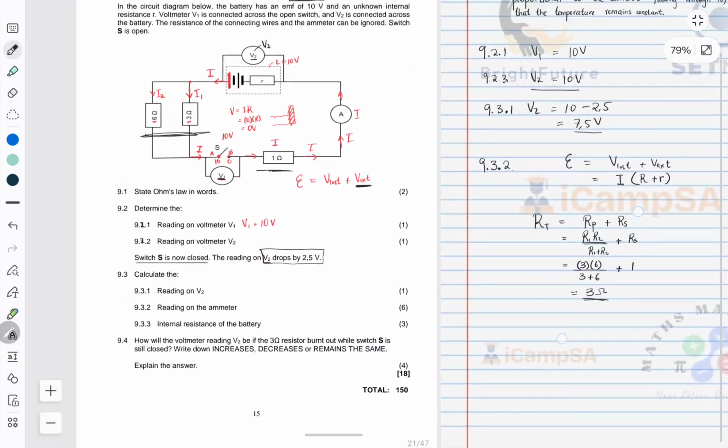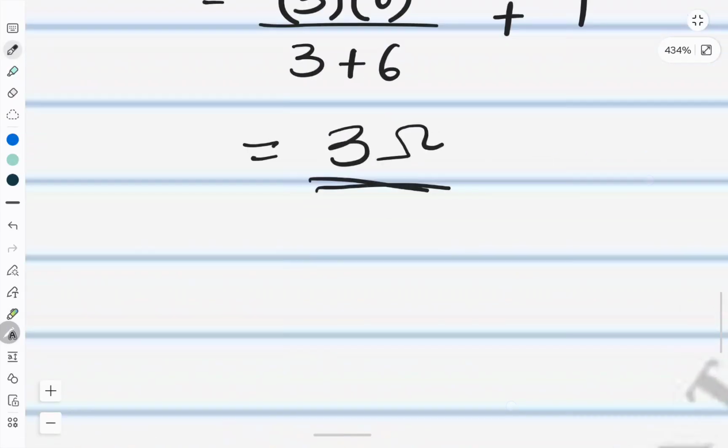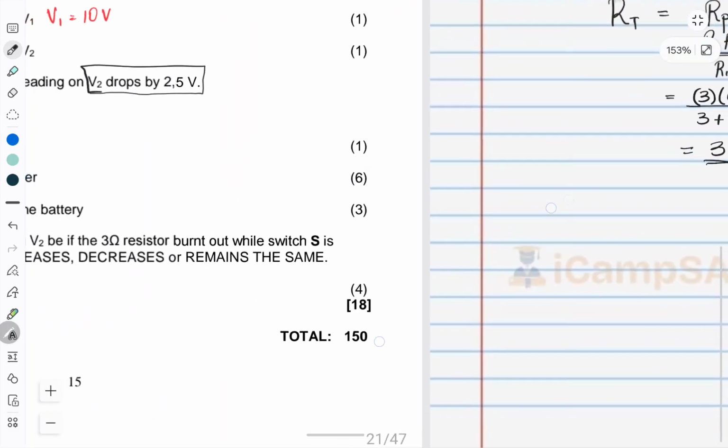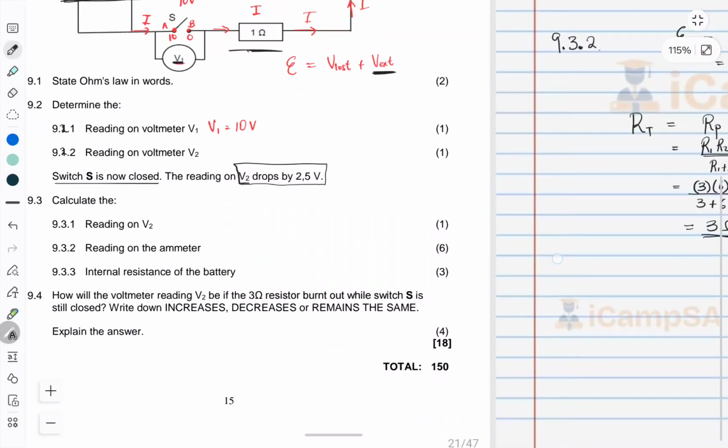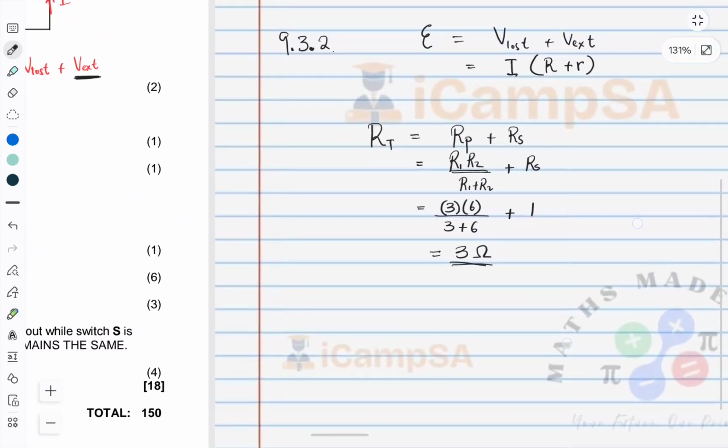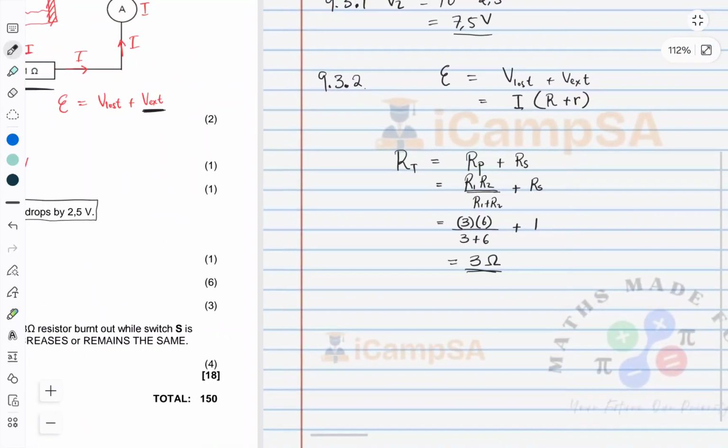Let us continue. It can be nicer. So now we want to find the reading on the ammeter. We have the total resistance now and we know the EMF. We can go ahead and find it. So E is simply the total current times the total resistance plus the internal resistance. We know this is 10.